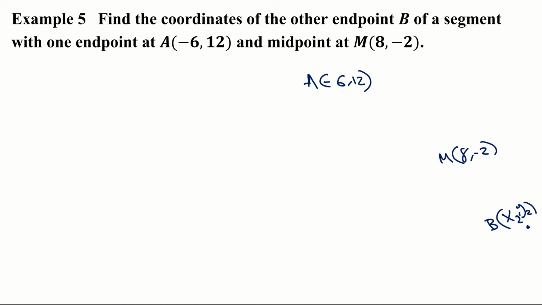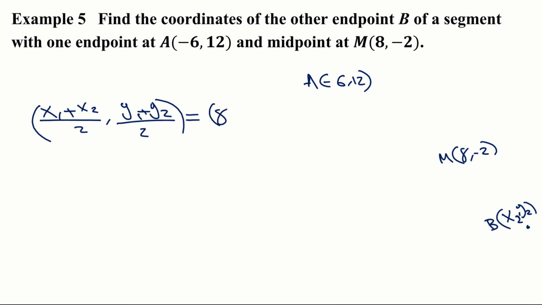Okay, so we know that x1 plus x2 over 2, comma, y1 plus y2 over 2 should equal the ordered pair 8, -2, right?